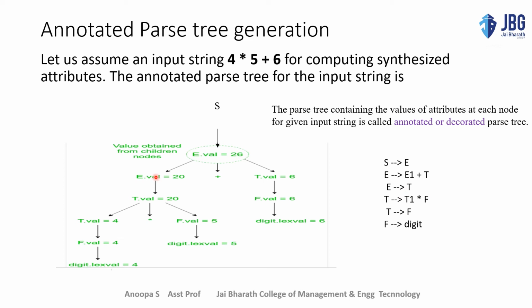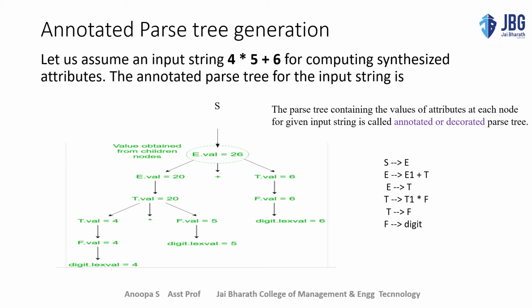So from this rule I got 20 here. Now plus here, I will get F dot val from digit dot lexval. From F dot val I get T dot val, and from these two values I get E dot val as 26. So this is called annotated parse tree generation.